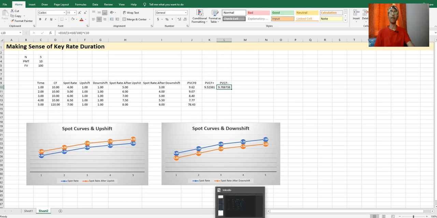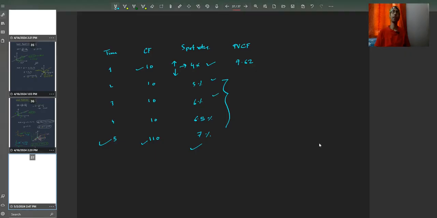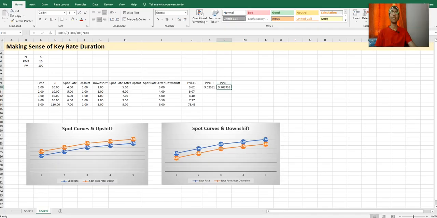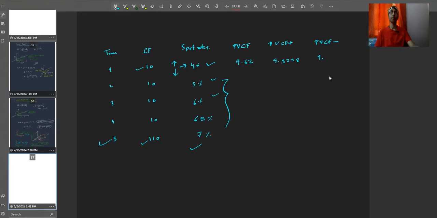So, 9.5238 is PVCF plus for the first cash flow, and PVCF minus is coming to 9.7087. Okay. Now, just let us stick to the first one only.